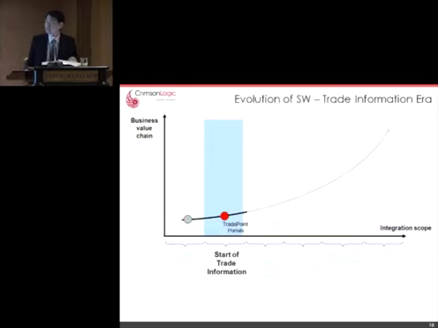Next is the trade point portals. This used to be a physical office where traders and the trade community can get information regarding trade. Okay, but now more often than not it is implemented using a web portal. So that's the trade point portal.